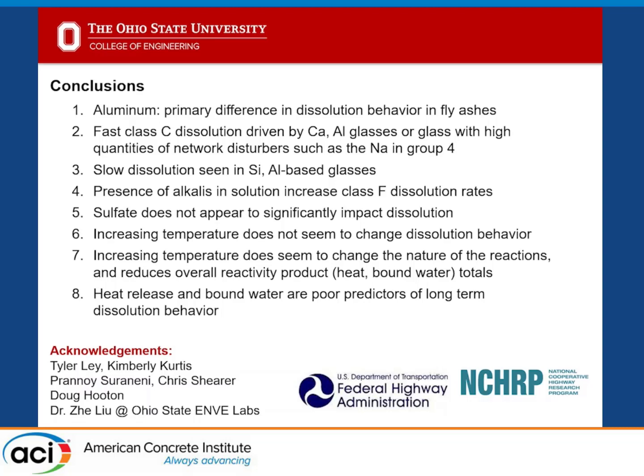So we need to be careful about trying to accelerate our system too much, and also pay attention to the specific SCMs and whether they're actually being reduced heat because of accelerated curing conditions. And then the last one, I should have switched the order of that. So dissolution is a bad predictor of long-term reactivity behavior in our systems.